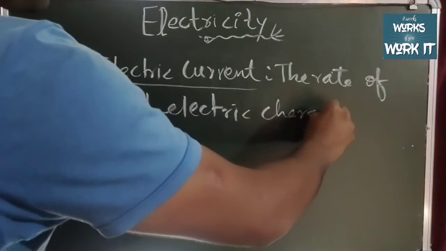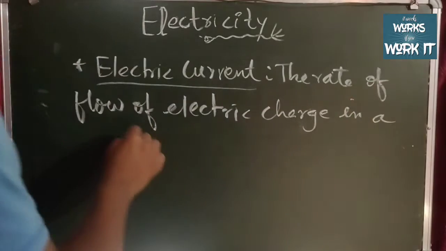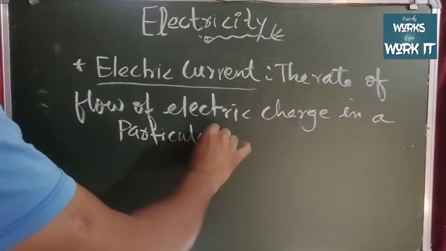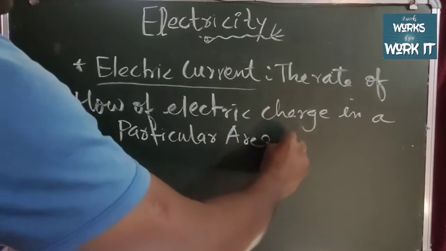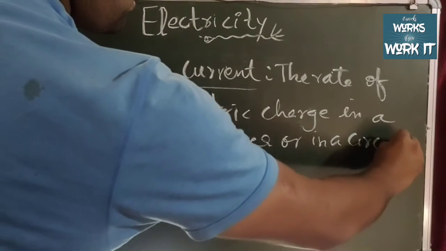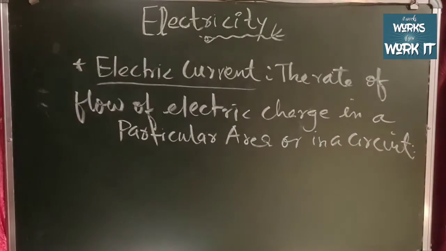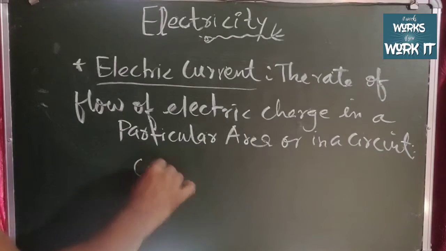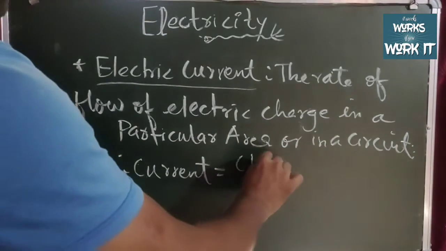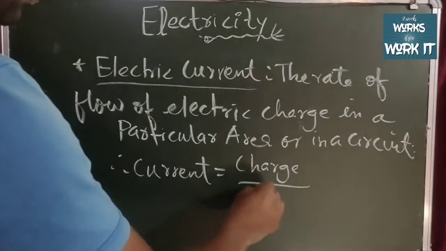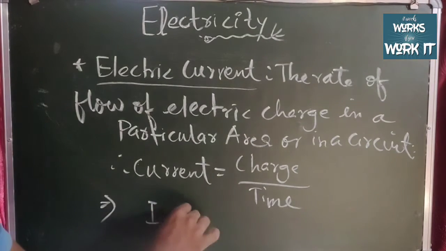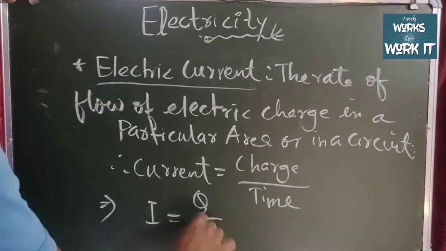The rate of flow of charge in a particular area, or in a circuit, is the definition of electric current. So we get one formula of electric current: current is equal to charge per time. For current we write I, charge Q, and for time T.